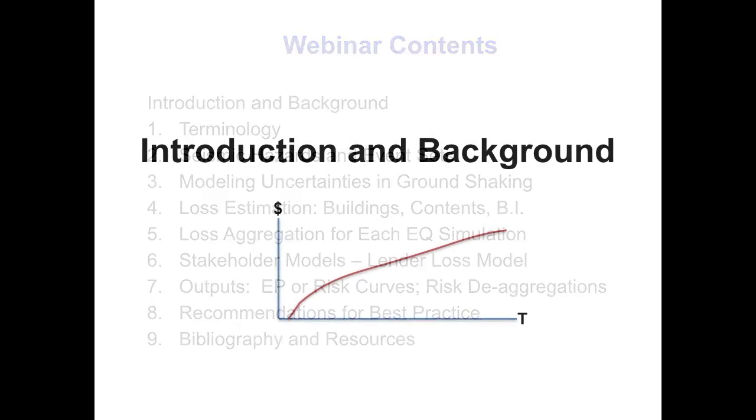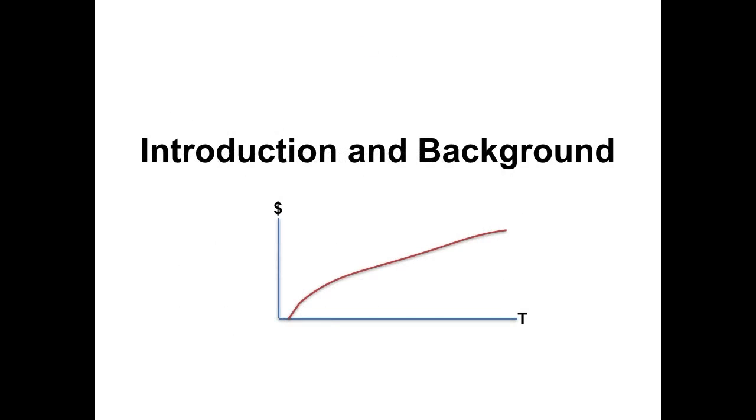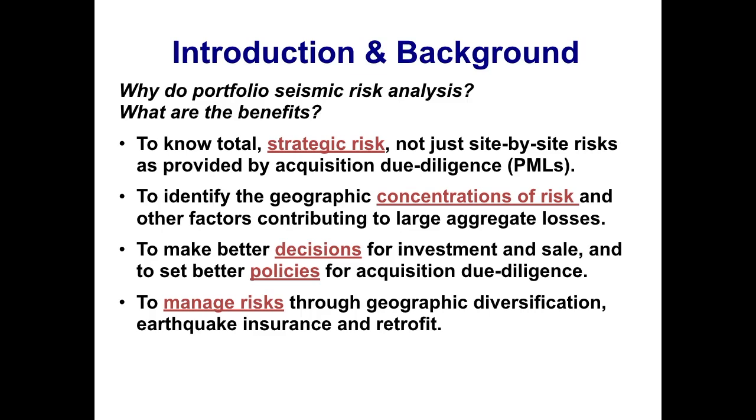Part 1 is introduction and background. So why do we do portfolio seismic risk assessment? What are the benefits? Owners and lenders and others need to know the total strategic risk, not just the site-by-site risks as provided by acquisition due diligence reports. Those are PML reports.